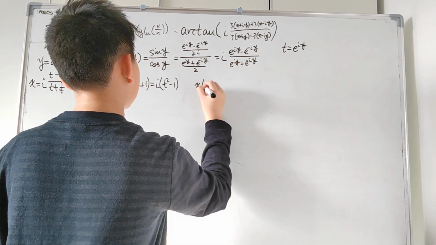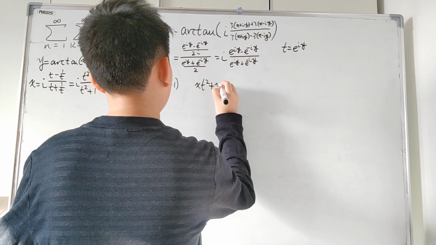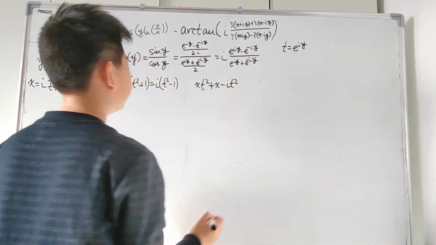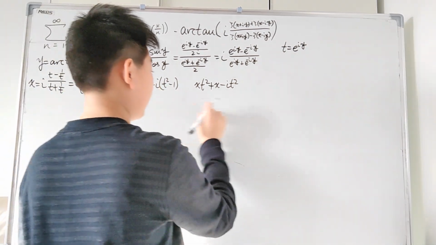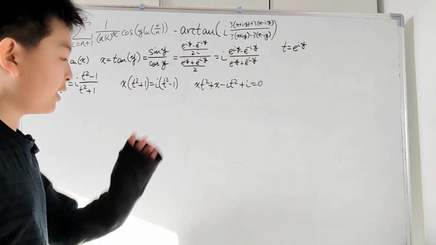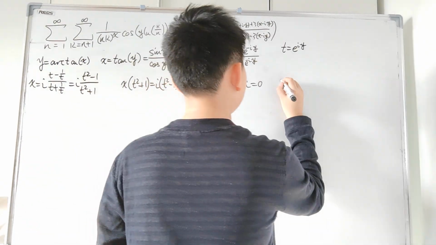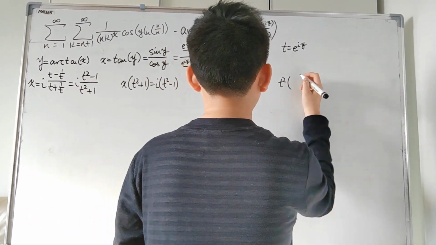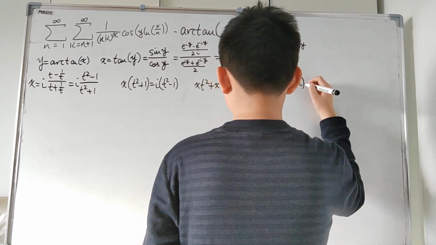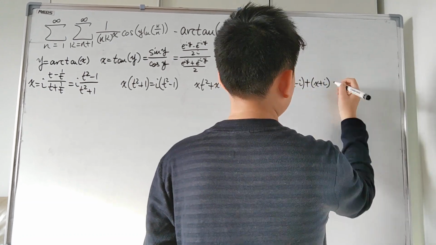So we have x t squared, we might as well distribute, plus x, and then here it's going to be minus i t squared, and then because it's positive, plus i, and this is all equal to 0. And we can manipulate this to be of quadratic form. So we have t squared times x minus i plus x plus i is equal to 0.